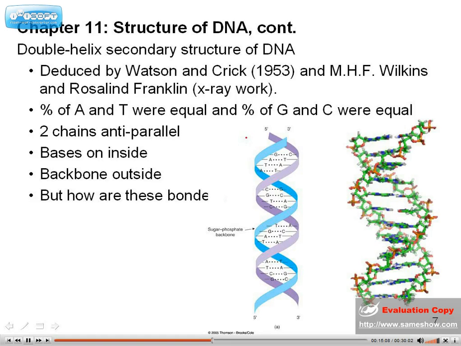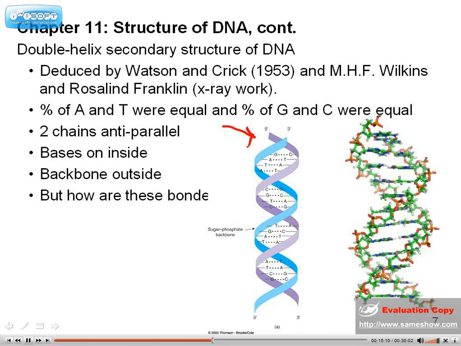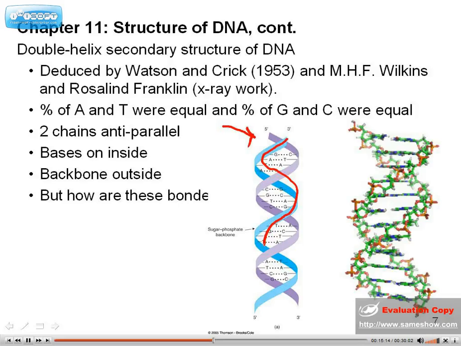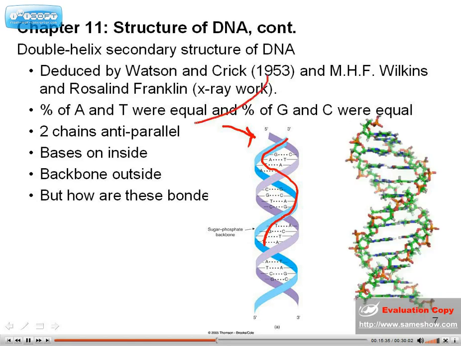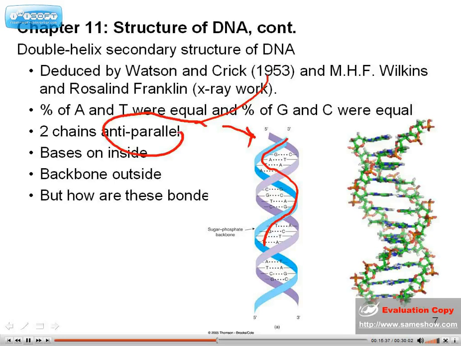DNA is normally found double-stranded, and in this case, there are two strands which are complementary to each other. This is important for replication. If you're going to make exact copies, it's always nice to have a carbon copy. So DNA always comes with its own carbon copy. The carbon copy, if you will, is anti-parallel.